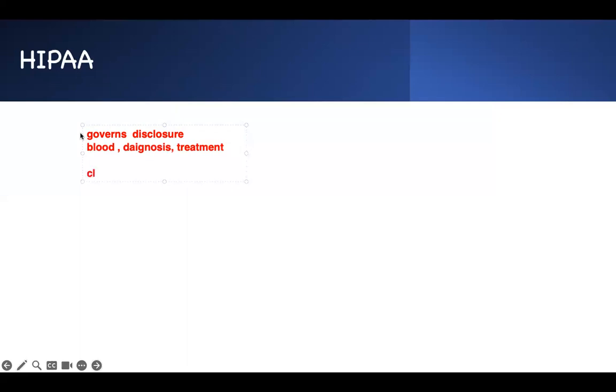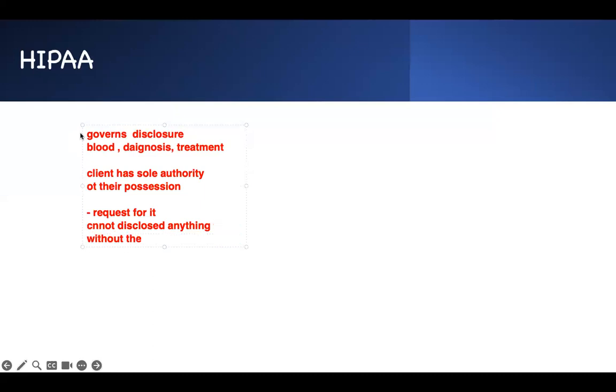Clients are the sole authority over what you do with their medical record, even though it's not in their possession right now. They can request it, and they should get it in a timely fashion. And you cannot disclose anything without their consent.